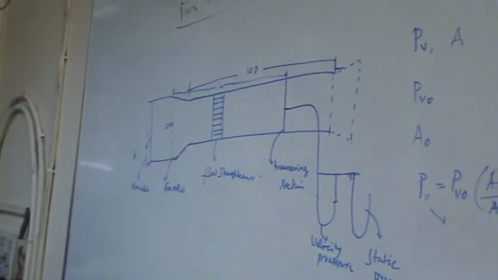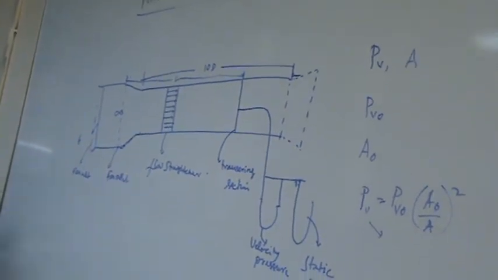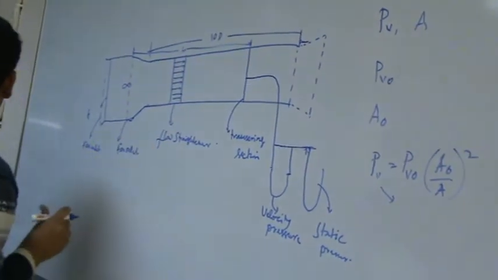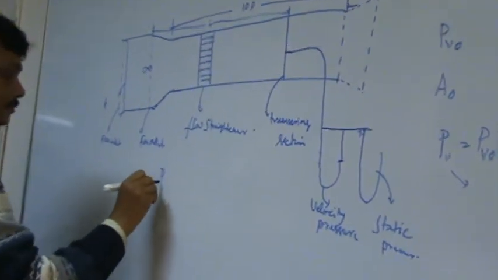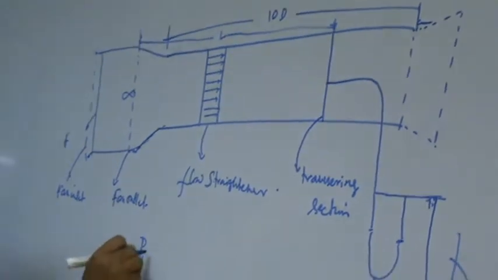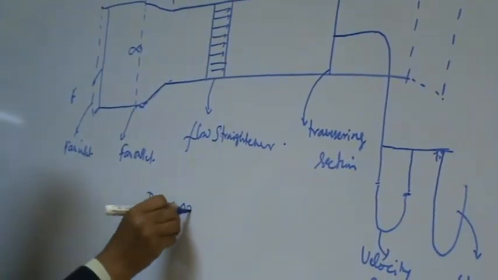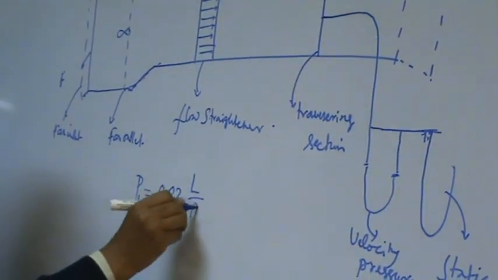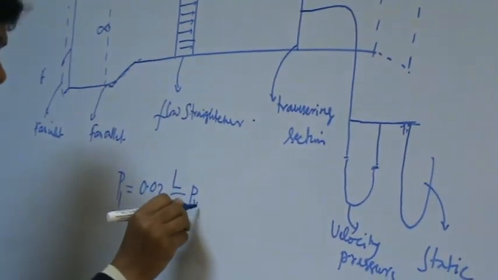There is a standard formula to find out the frictional losses from this section to this section, and that can basically be expressed, let's say frictional losses from here to here, P1 equal to 0.02 L by D PV0.